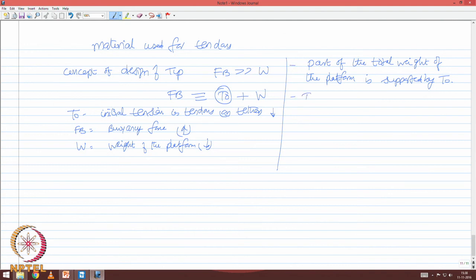Therefore, it is necessary to reduce this value as far as possible, because the more the value, the more the axial stresses, the more the fatigue failure, the more the pull out.